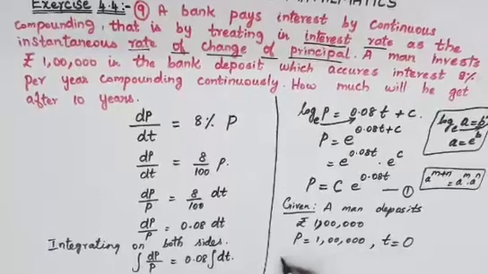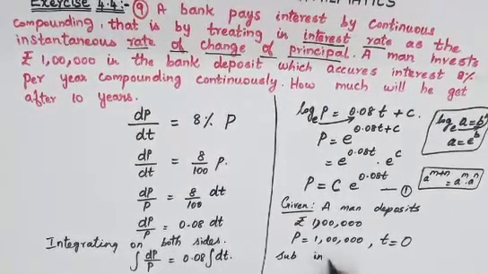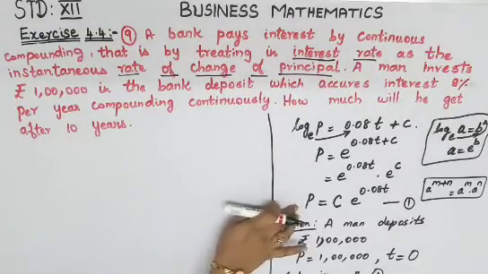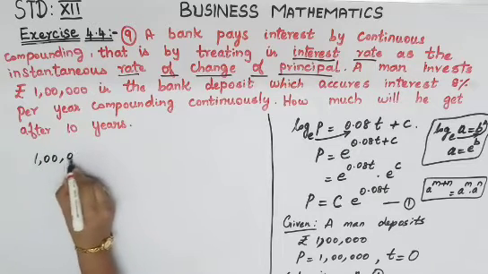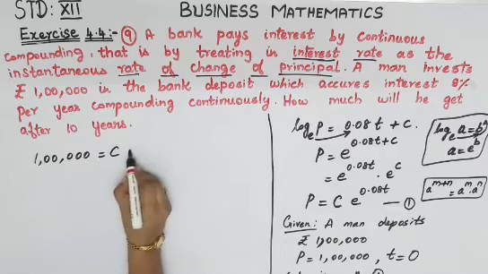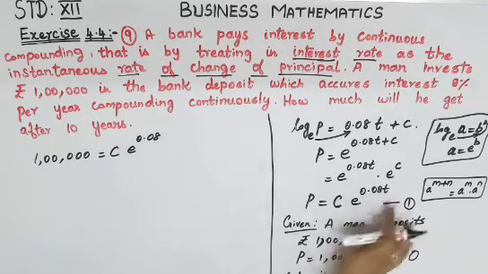Now substituting these two values in equation 1. So p is equal to 1 lakh. So substitute p is equal to 1 lakh. That is equal to c will be there as it is, e power 0.08 into t we have got.